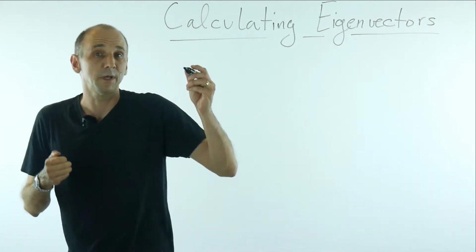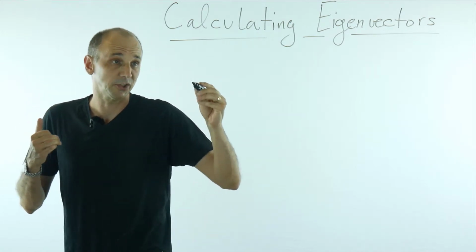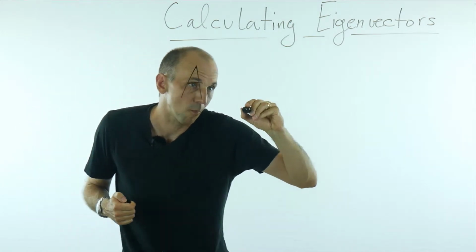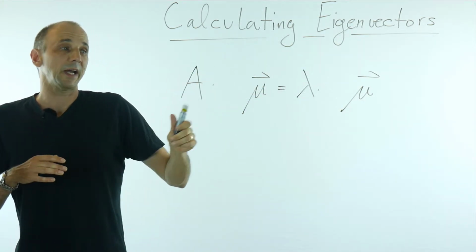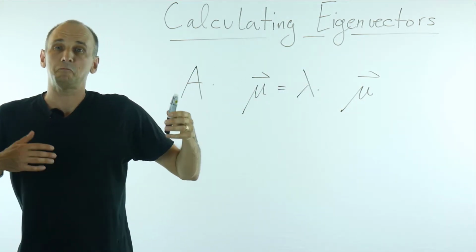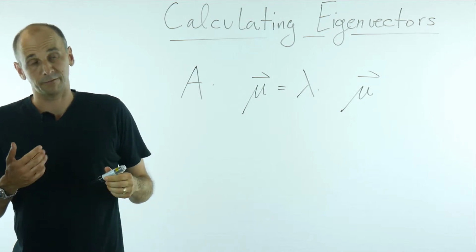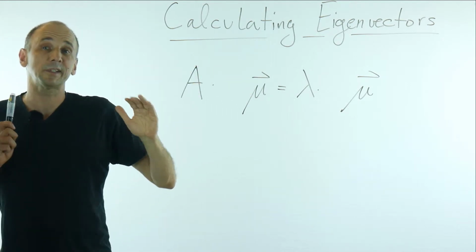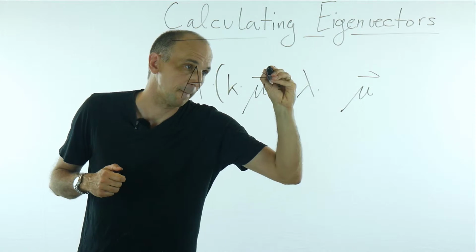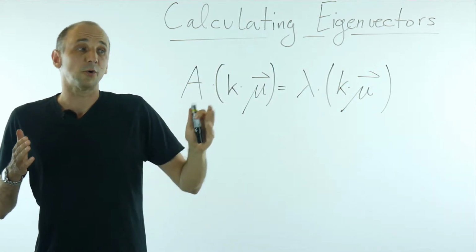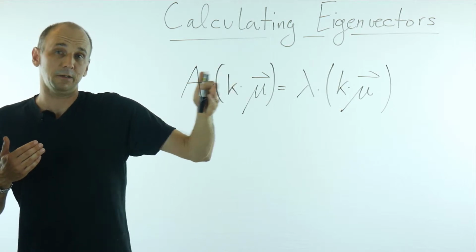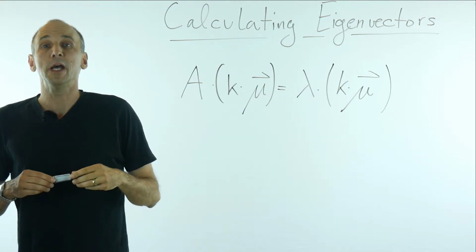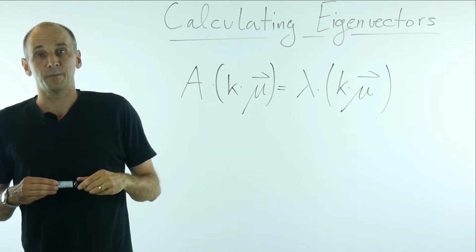Why is that so? If we look at the eigenvalue equation again, then you see that I can put in any factor that I'd like, apart from 0, in between, and it will still hold true. So not only the vector mu is an eigenvector, but any vector in the same direction as mu is an eigenvector.